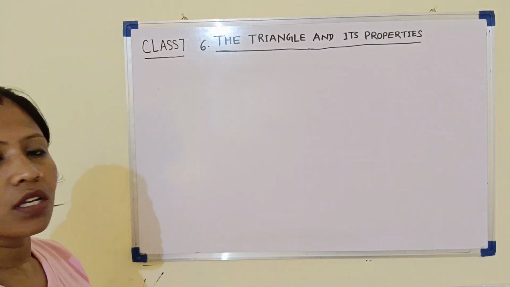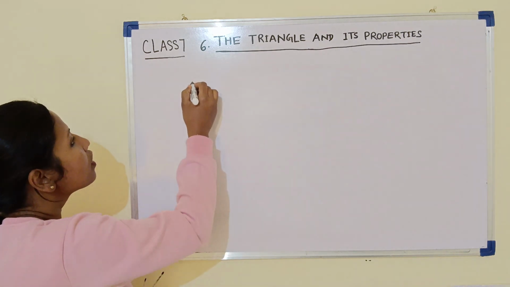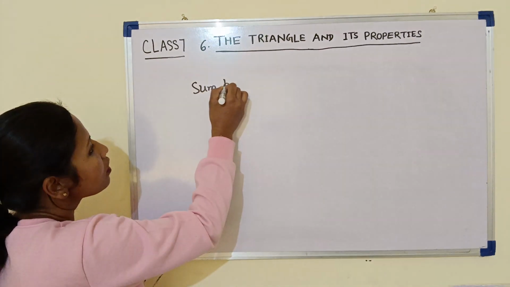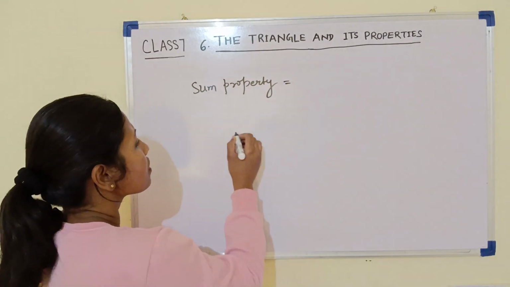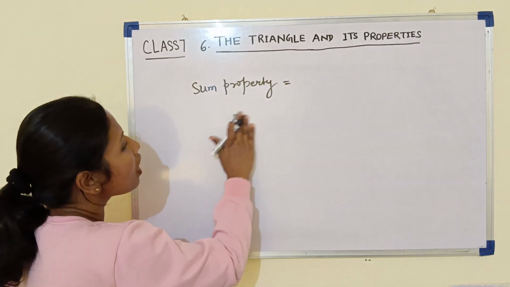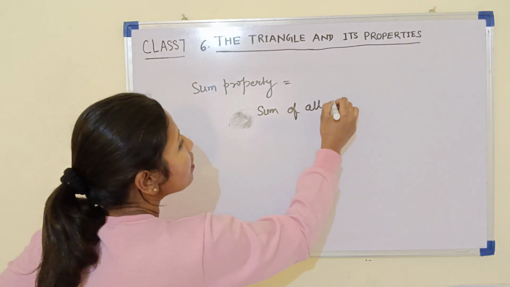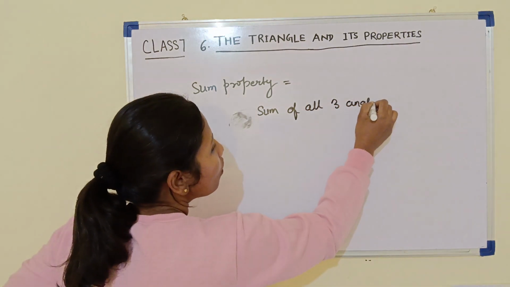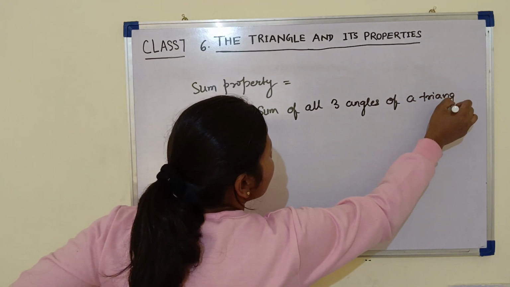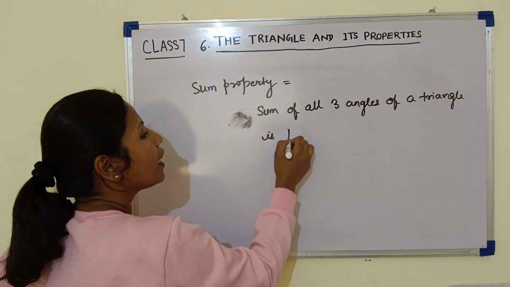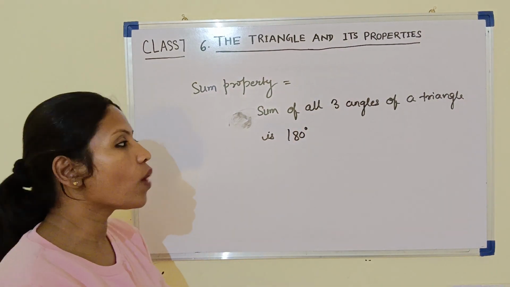Now let's learn some properties. We have already read about the sum property of a triangle. What is that sum property? We have read it in previous classes. The sum of all three angles of a triangle is 180 degrees.